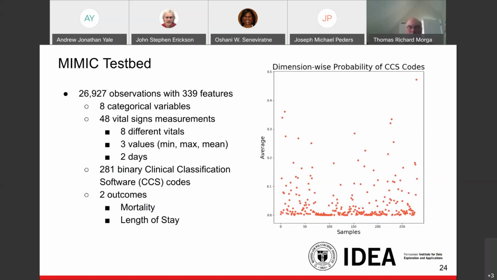So we used the Clinical Classification Software to bin these diagnosis codes, taking it down from around 1,000 or so diagnosis codes in the data set to 281. Between that, we got almost 27,000 observations and 339 different features that we were testing all our methods on.